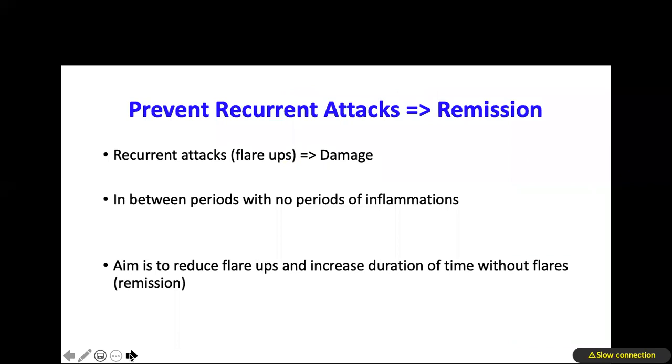If you treat recurrent attacks and you prevent them from happening and they become less and less and less, then you get what is called a remission. No inflammation, and the aim of treatment is to reduce duration of time without flare-ups or increases in disease activity, so that the patient goes into something called a remission.